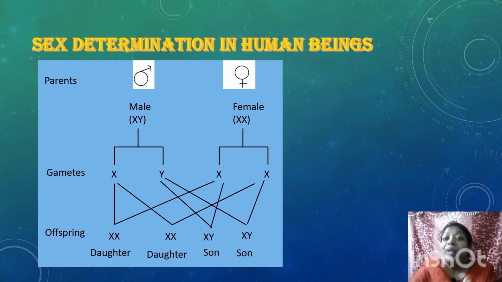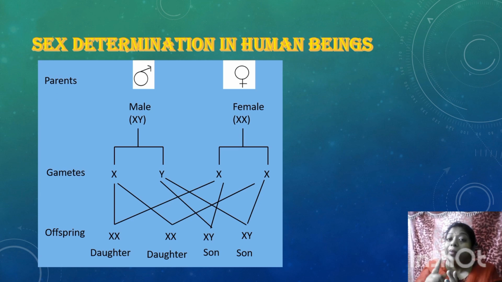But in case of females, the female has two X's, which means 22 pairs plus XX. These are the sex chromosomes, and you must try to understand here that in the female, one X will always be active, and one will be a little less active.